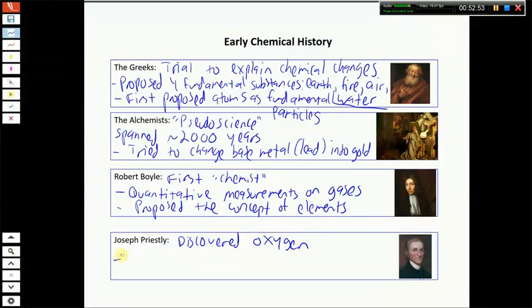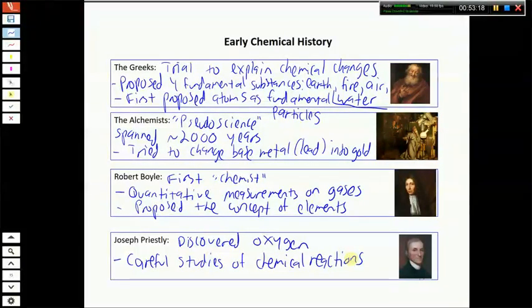But really his important contribution, if you take the sum whole of all of it, was that he did careful studies on chemical reactions. So the stuff that Boyle was doing on gases, he was measuring properties of gases and the relationships between those properties, doing very physical studies.